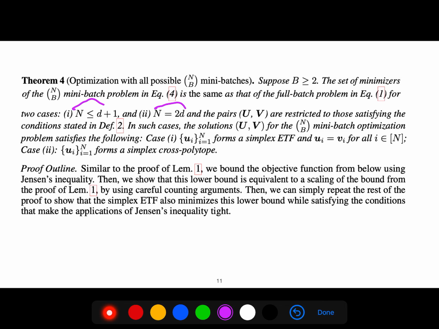In such cases, the solutions satisfy the following: first, U sub i forms a simplex ETF and Ui is equal to Vi. And for the second case, these vectors form a simplex cross polytope.